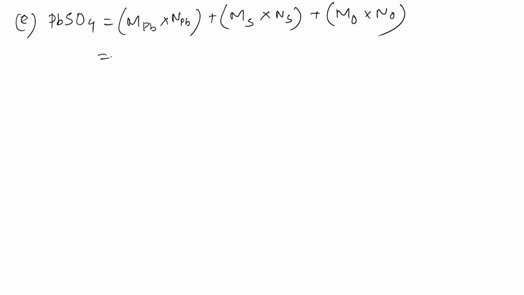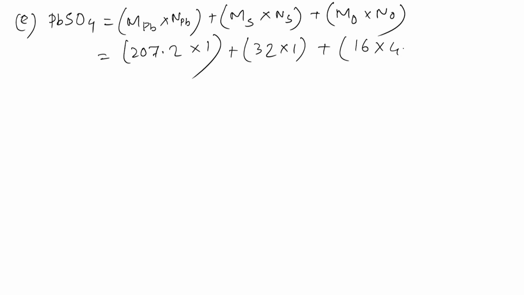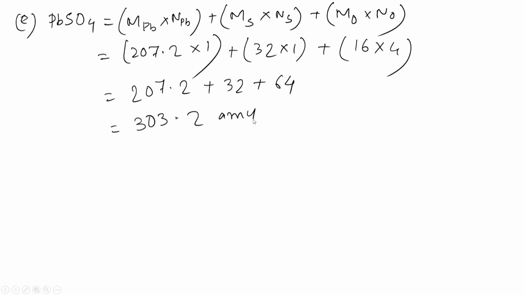So mass of lead is 207.2 into number of lead is 1 plus 32 into 1 plus 16 into 4. So, this comes as 207.2 plus 32 plus 64. So, this is 303.2 AMU. So, we have learnt to calculate molecular mass, atomic mass and formula mass.